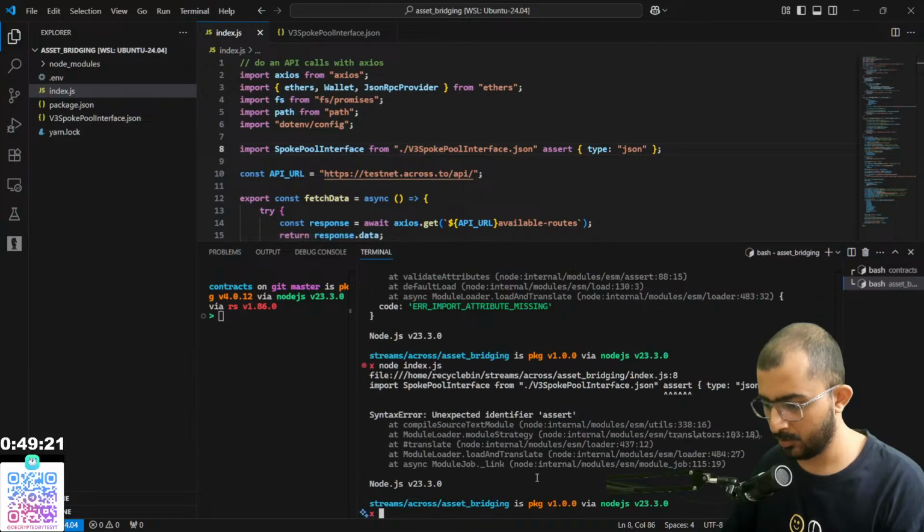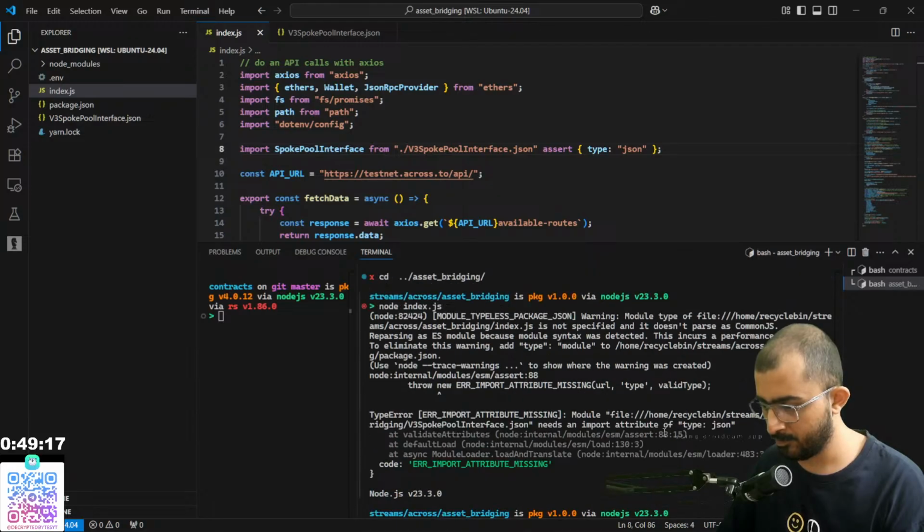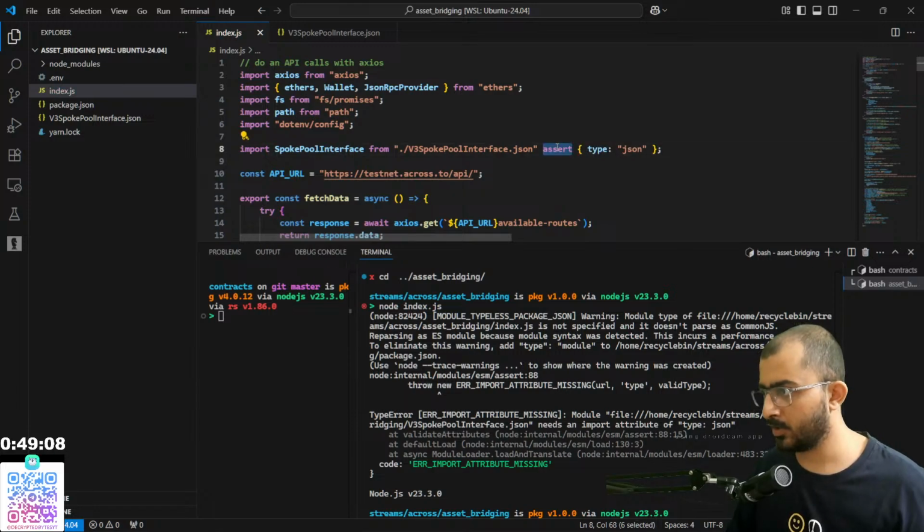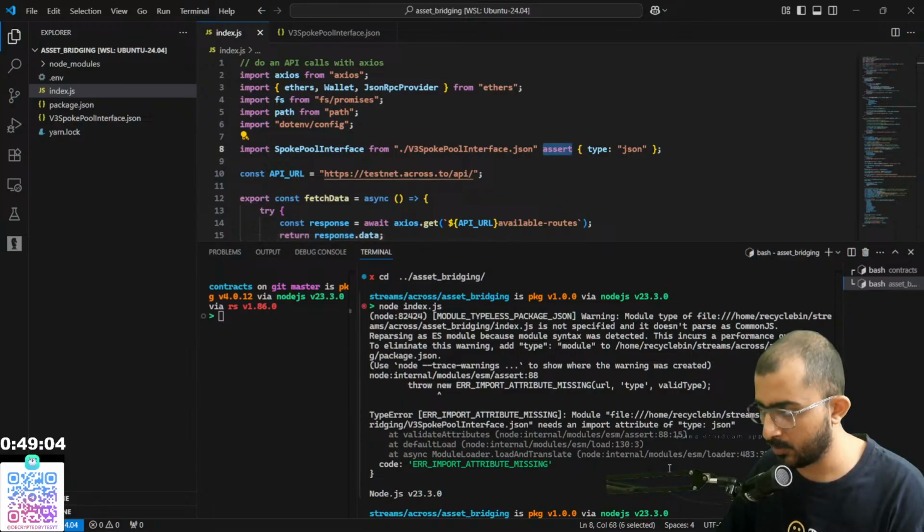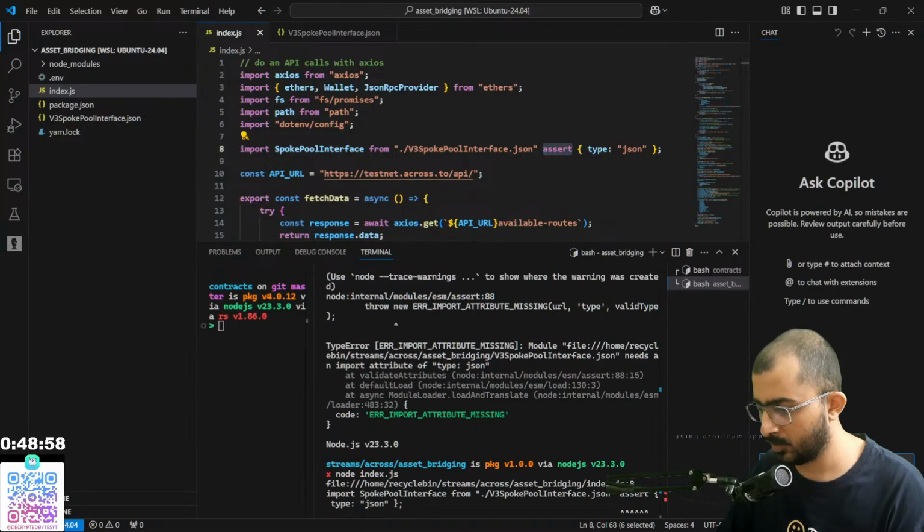Let's see. No, that's not correct. I guess we have to try something else. How to import a JSON file in TypeScript.